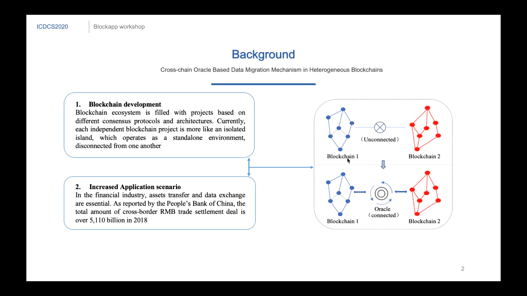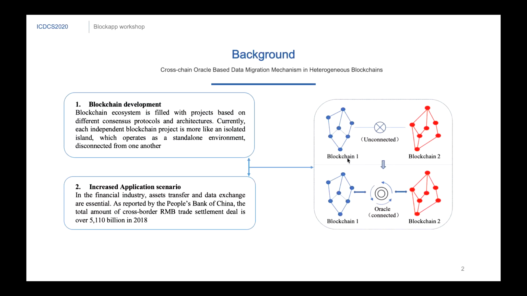Interoperability will be the main topic of next generation blockchain technologies. And the second one is the increased application scenarios. For example, in the financial industry, asset transfer and data exchange are essential.